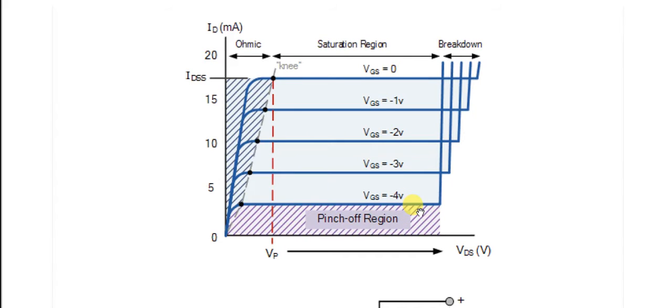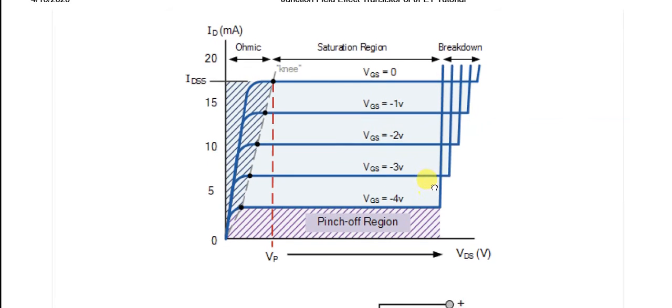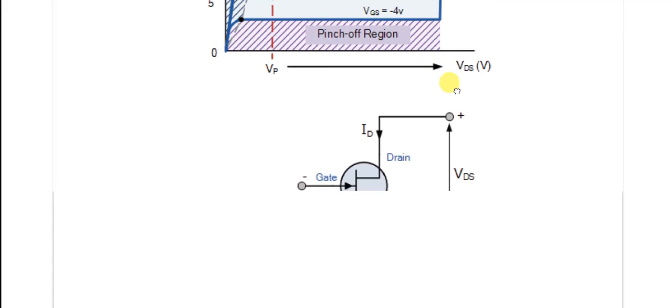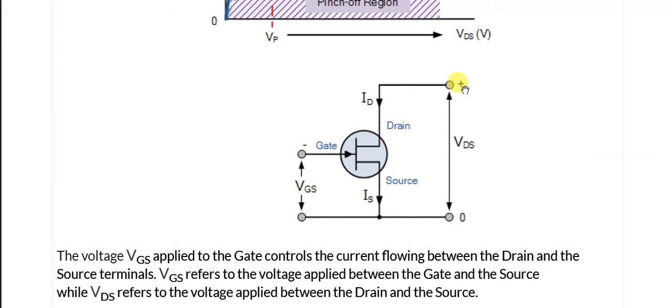So that is the output characteristics curve of the junction field effect transistor. This is the circuit diagram, how we apply the plus minus. This is the VDS voltage we have applied, and this is the gate voltage we applied. This is the typical N channel JFET transistor.